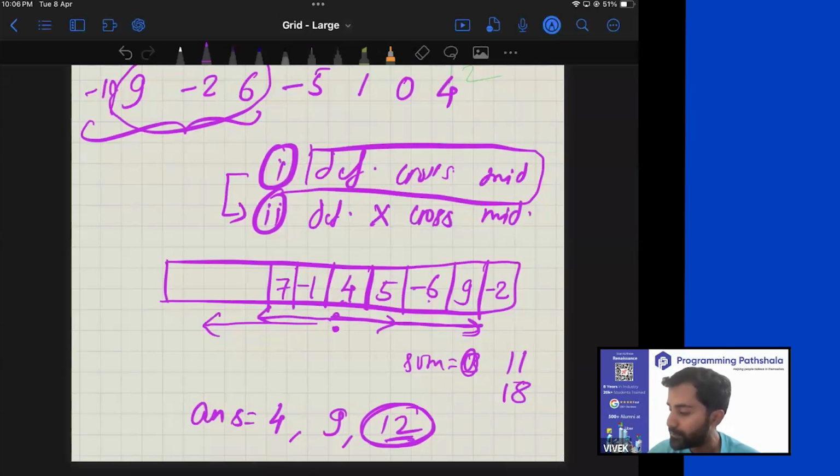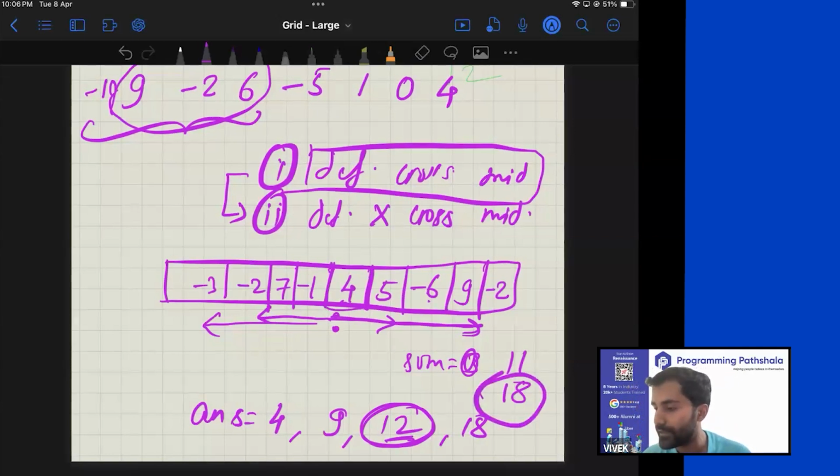And now let's say after that you had maybe -2 and then maybe -3 or whatever. So in this process, you found out that the best possible sum which crosses this is equal to 18, right? And you can do this thing in order n time.